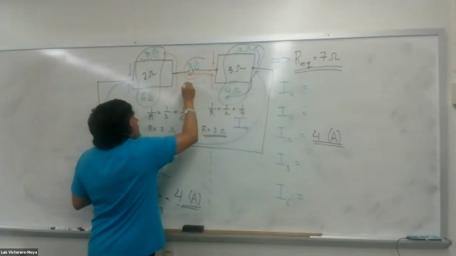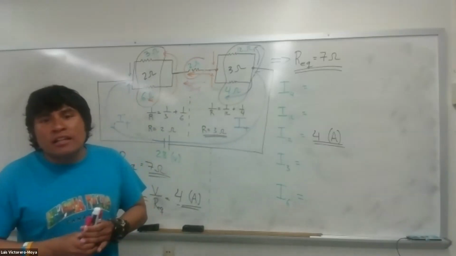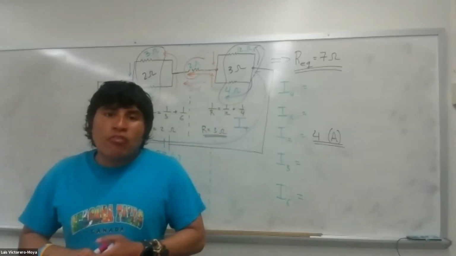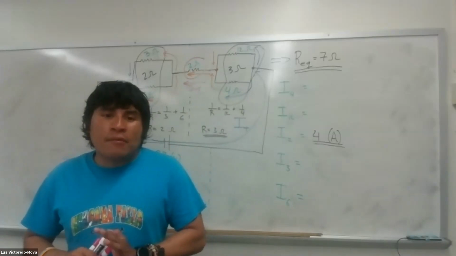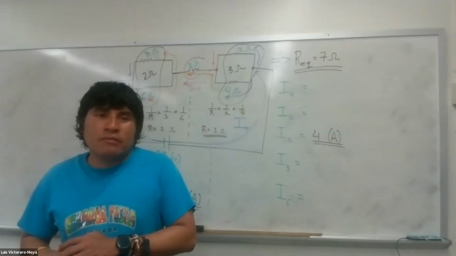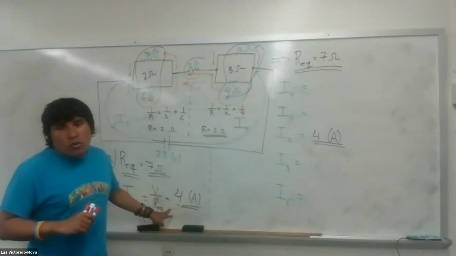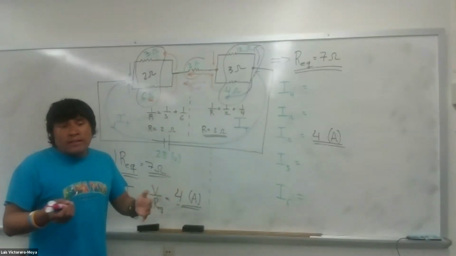This is the total current. All right, so very important. You can never have more than the total current on any electrical device inside the circuit. That's why it's called the total current, I total, or I of the circuit. That's the maximum value.